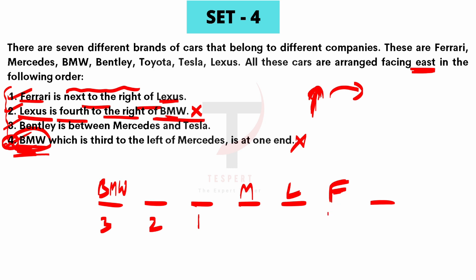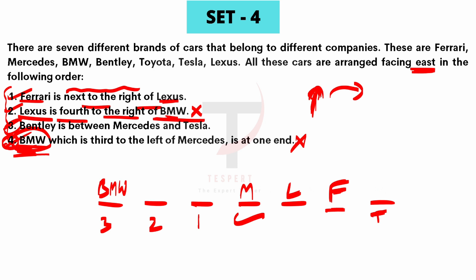Bentley is between Mercedes and Tesla. Alright. So Mercedes is here. So Bentley should be between Mercedes and Tesla. We cannot place Tesla here, because if we place Tesla here, then where should we place Bentley? Bentley must be between Mercedes and Tesla.